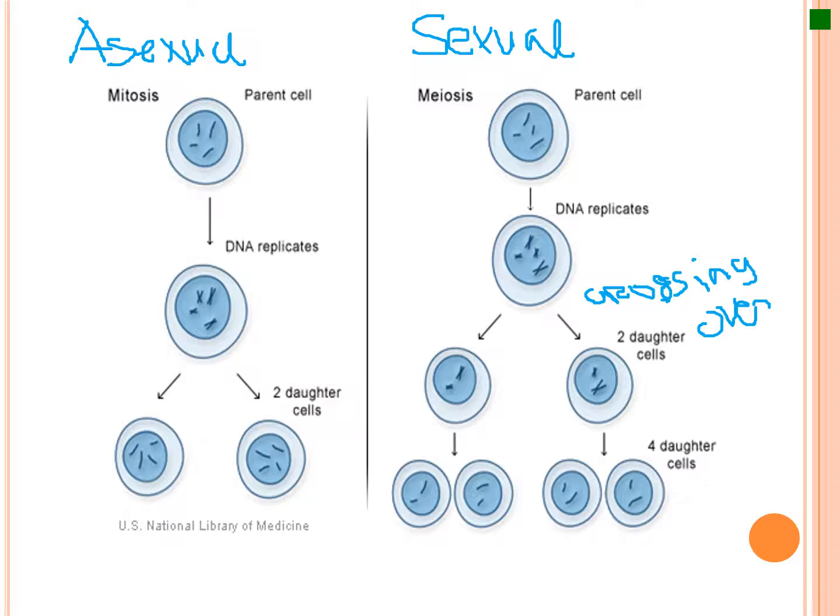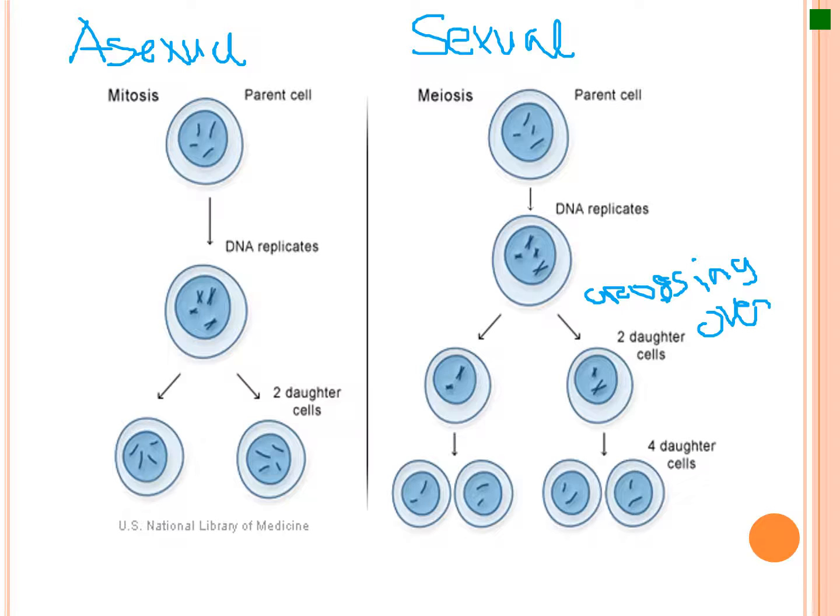Crossing over means that segments of DNA will actually overlap. When that happens, the genes on the chromosomes can switch locations in a sense.